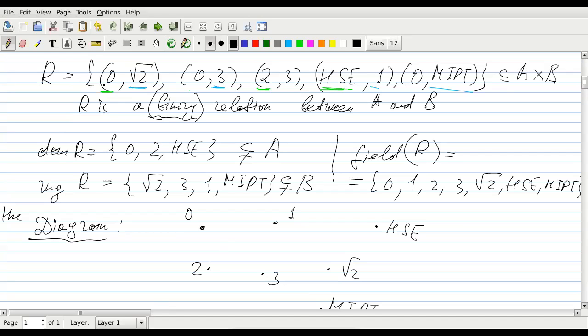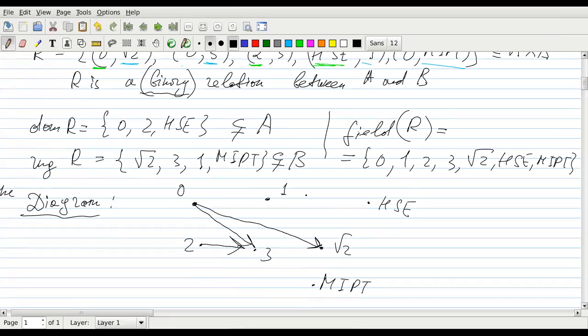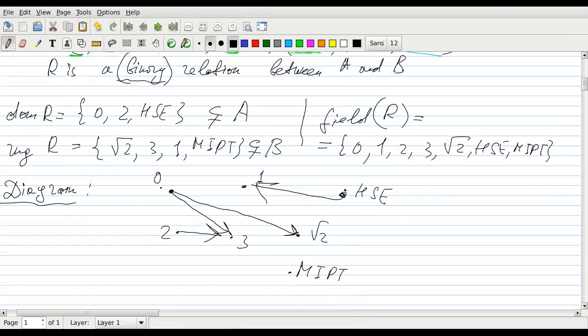So we have the pair 0, the square root of 2, so we will make such an arrow. We have pair 0, 3. We have pair 2, 3. We have the pair HSE 1, and we have the pair 0 MIPT.